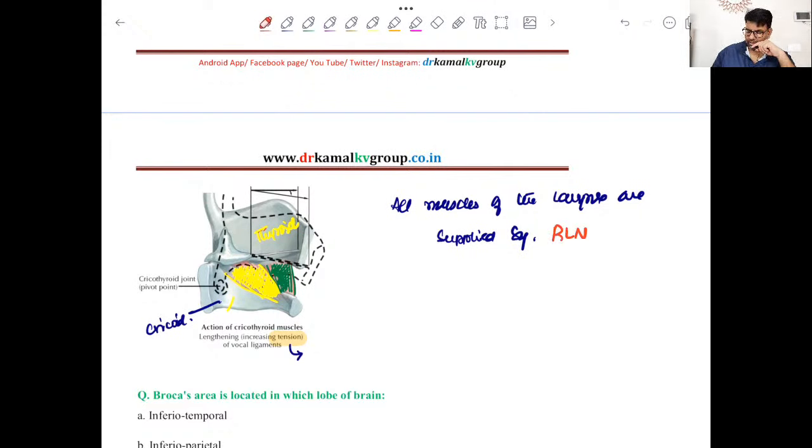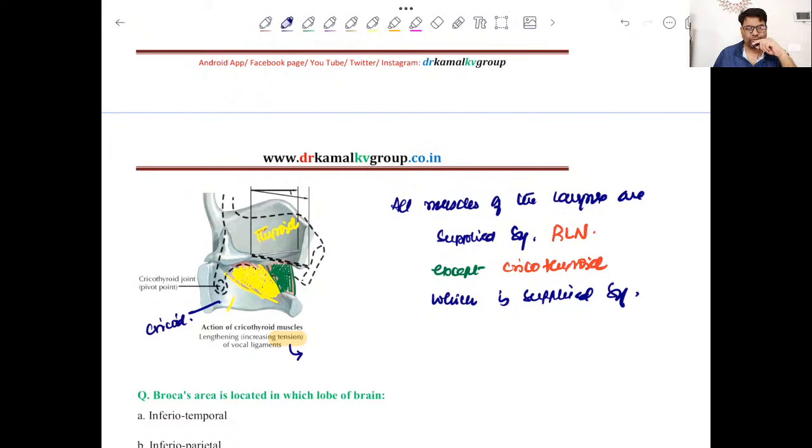All are supplied by recurrent laryngeal nerve except cricothyroid, which is supplied by, yes, anyone, what is the nerve supply of cricothyroid?